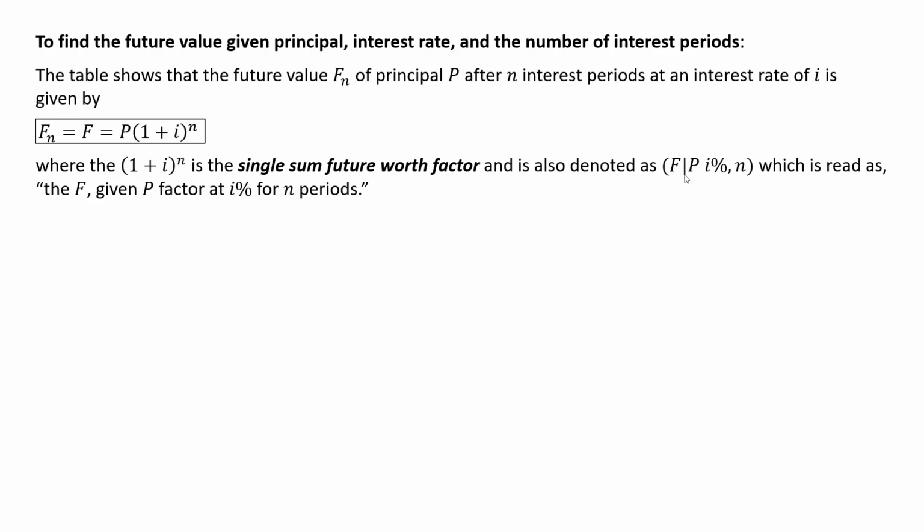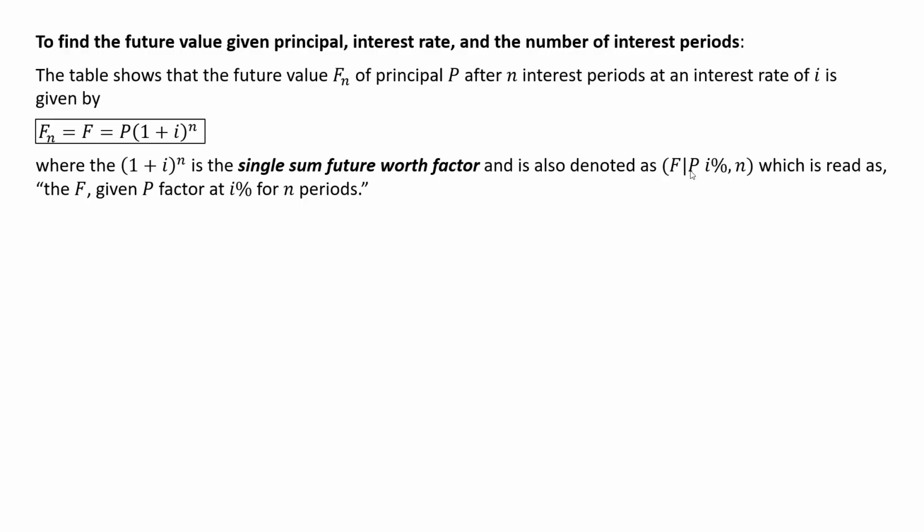F, vertical line, P, and the first time I saw that, I said, how am I supposed to read that? Fortunately, they tell you to read it as F given P. This is a fairly standard notation.